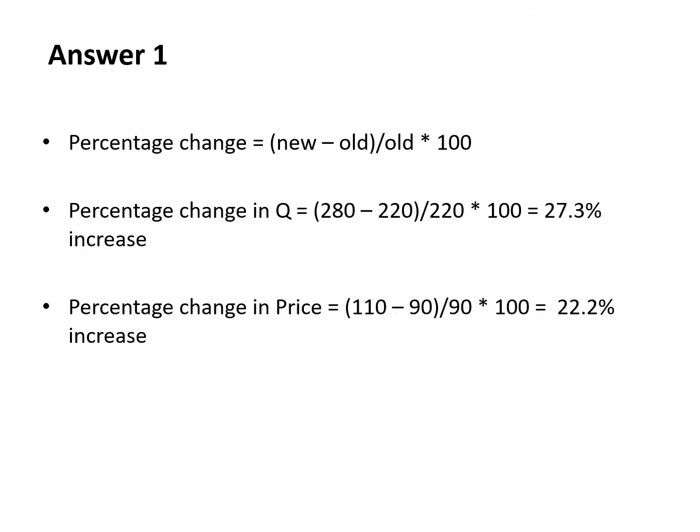To calculate the percentage change, the most important thing, you know how to calculate it. We take the new minus the old over the old multiplied by 100. So now the percentage change in the quantity. As we remember, the quantity used to be 220 and now 280.